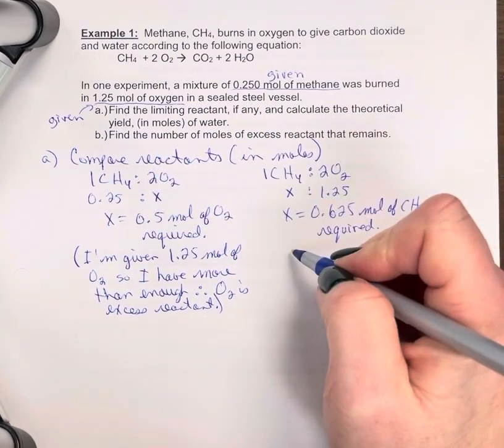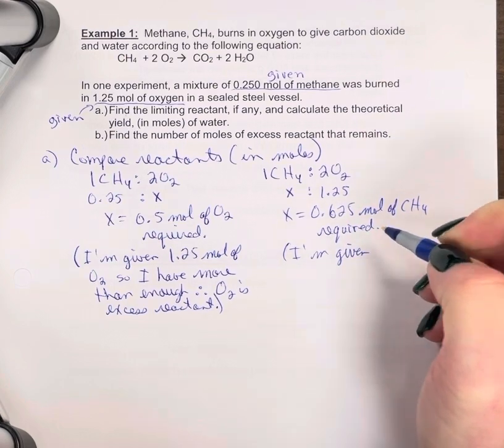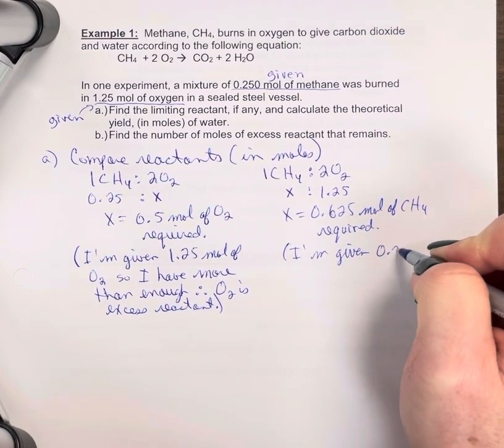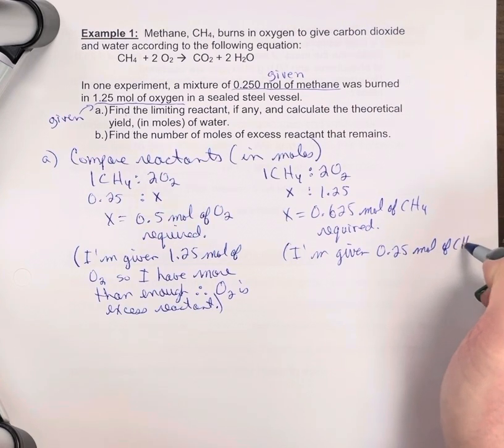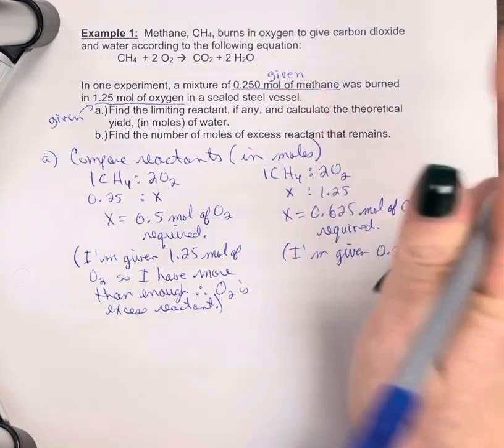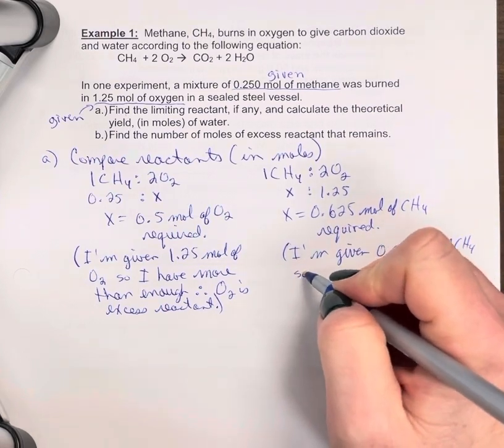Okay, so again, let's write this down. So I'm given 0.25 moles of methane. Again, that's in the question. So I don't have enough.